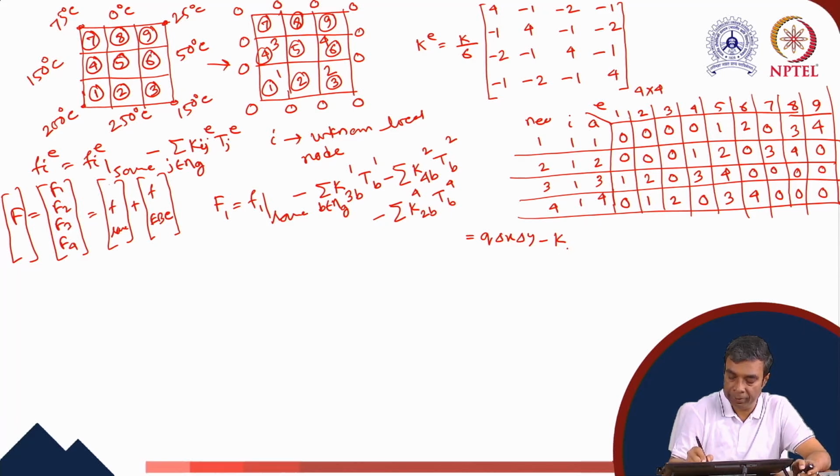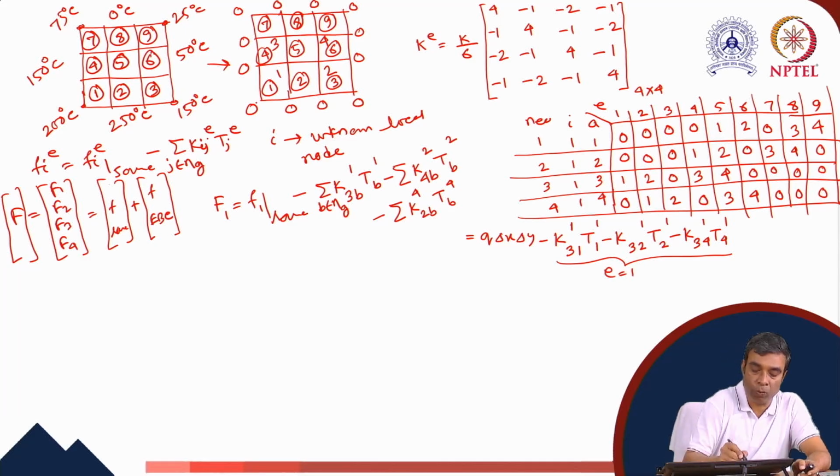So it will be K_311 T_11 minus K_321 T_21 minus K_341 T_41. This is contributed by E equals 1.